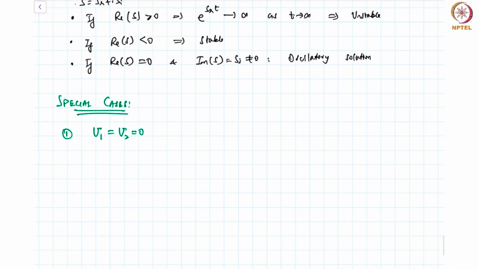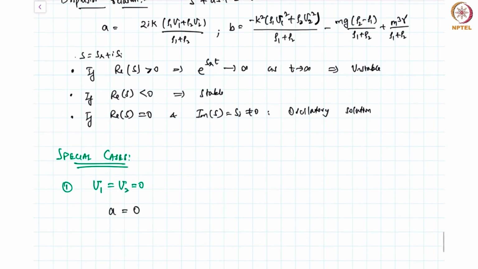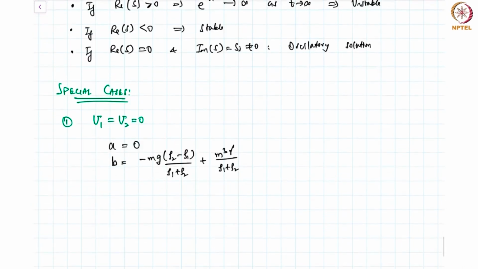If we do this, then looking at the constants, a essentially becomes 0 and b simplifies to minus mg rho 2 minus rho 1 by rho 1 plus rho 2 plus m cube gamma by rho 1 plus rho 2. Correct? So the equation that we have is S square plus B is equal to 0.